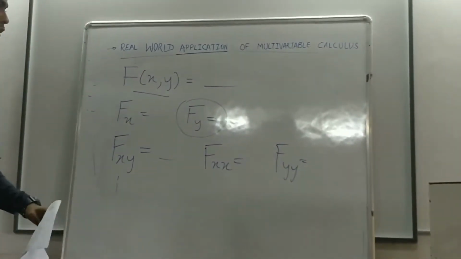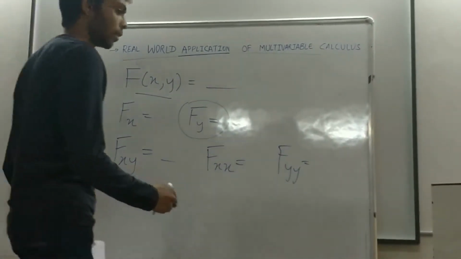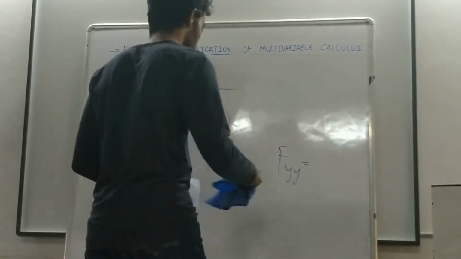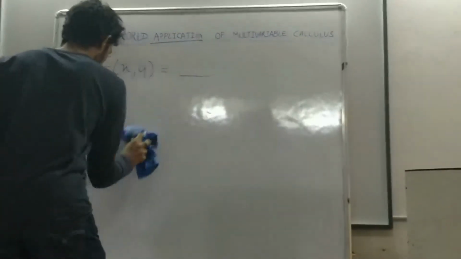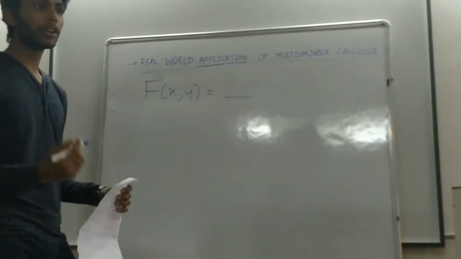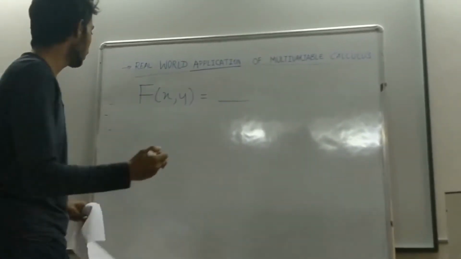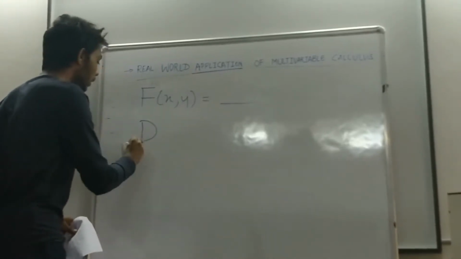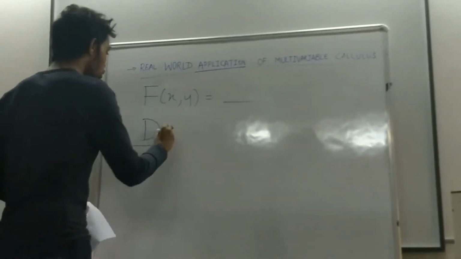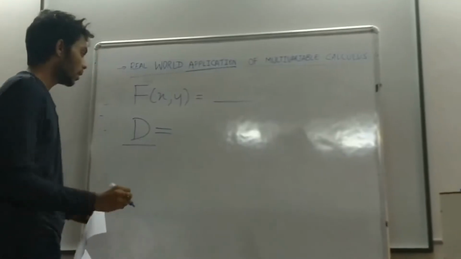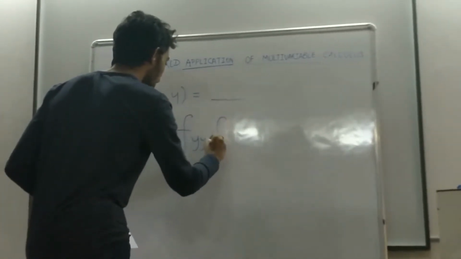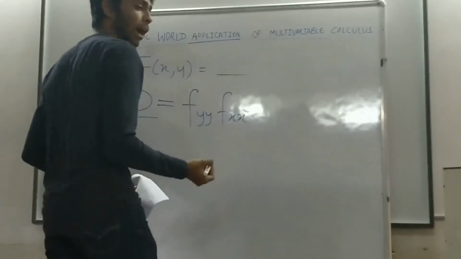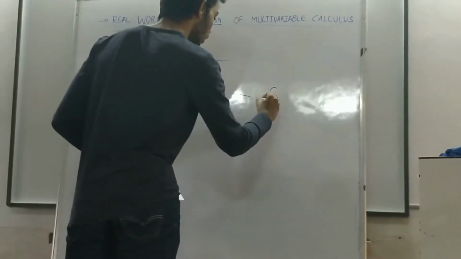I'd like to introduce a new topic called the discriminant. I'd like to represent it as D. So basically what the discriminant is, it is the product of f_yy and f_xx, from which I subtract the square of f_xy.